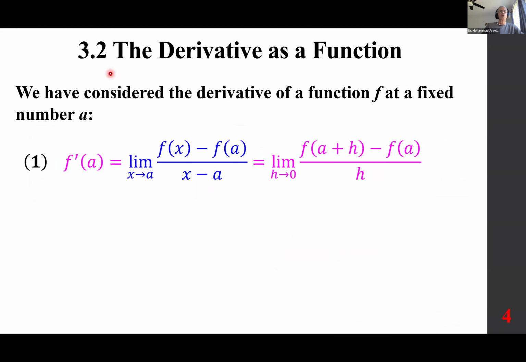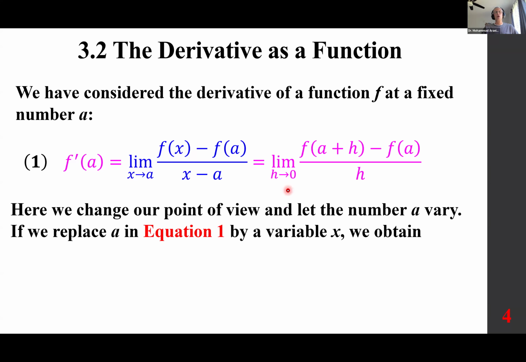And now section 3.2, the derivative as a function. We have considered the derivative of a function f at a fixed number a. f prime of a is the limit of f of x minus f of a over x minus a as x approaches a, or the limit of f of a plus h minus f of a over h as h approaches 0.